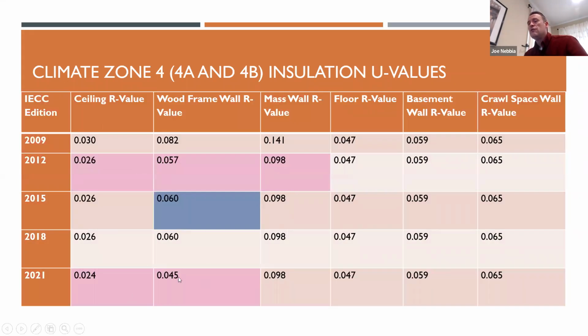Now you look at the U value here. Again, if you've got a different kind of a wall, you might be able to use these U value tables instead of the R value tables if none of the options there work for you. And I want to call this out here. Our 2021 IECC for the ceiling R value, a 0.024 U factor. You'll notice that that's only very slightly lower than the 0.026 given for an R49.